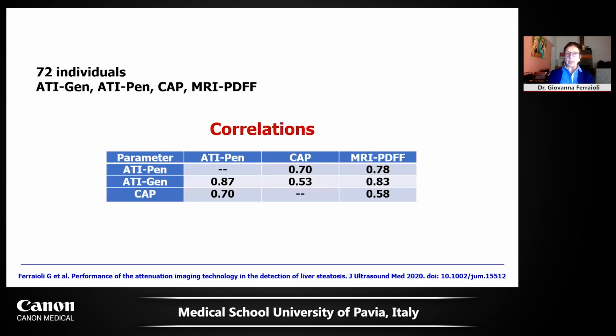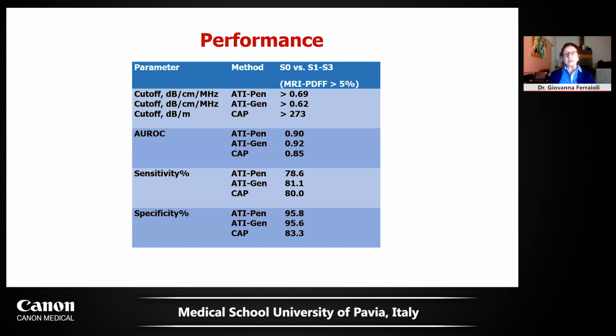We have performed another study in 72 subjects using the ATI gen, the ATI pen, CAP, and PDFF as the reference standard. And you can see here that the correlation for both ATI pen and the ATI gen were higher than the correlation of CAP with the PDFF. And as for the cutoff, as expected for ATI pen, the cutoff is higher than for ATI gen.